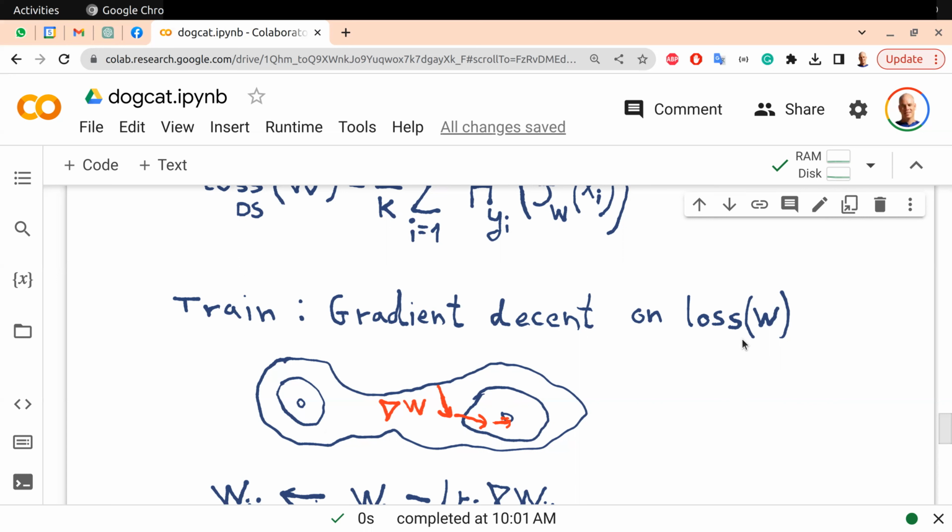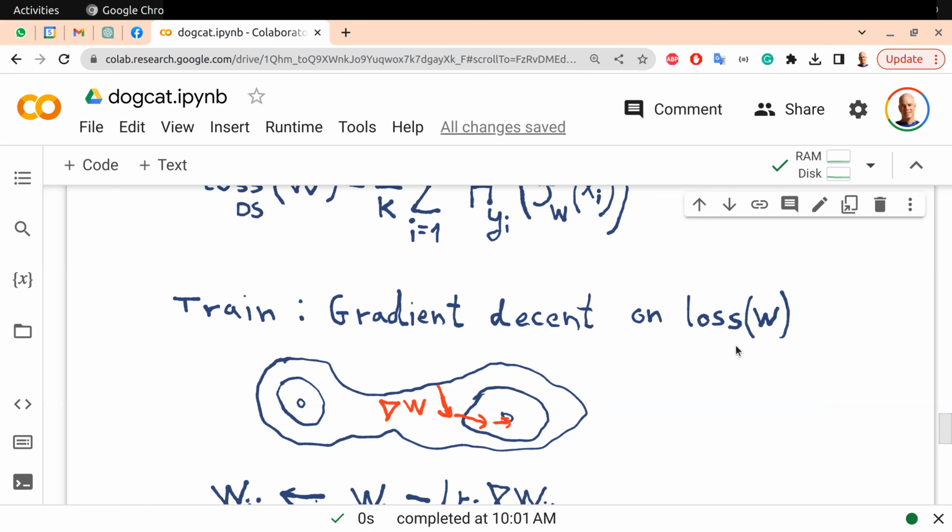So W is what we are playing with. We're looking for the best W, and the measure is the loss. So we are doing a gradient descent, moving on the space of W in order to find a minimum loss.